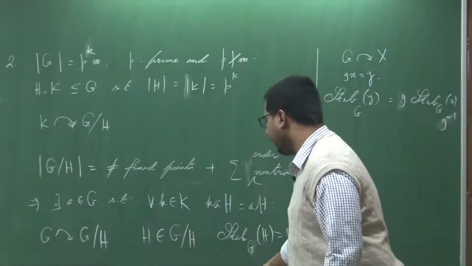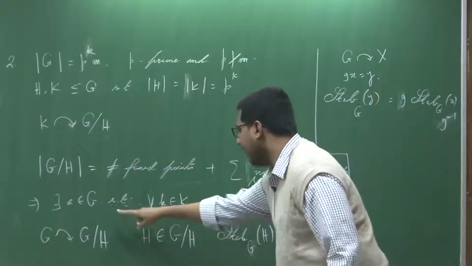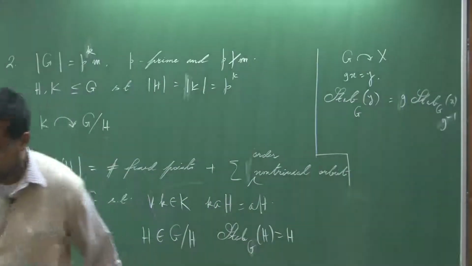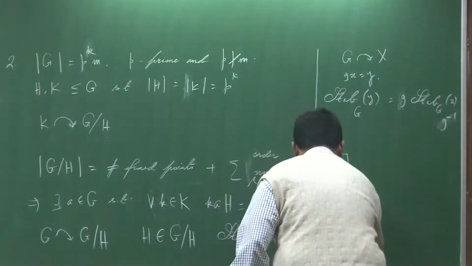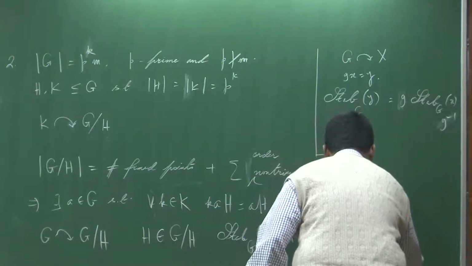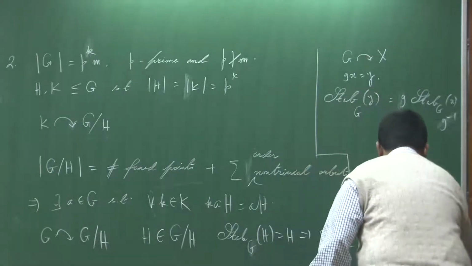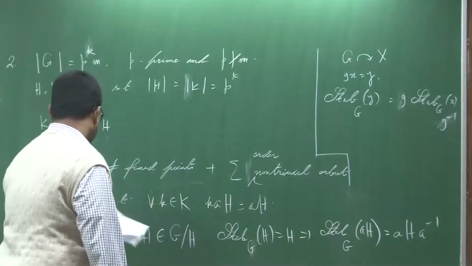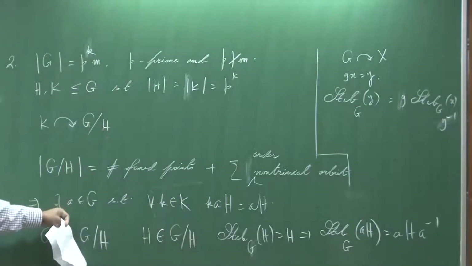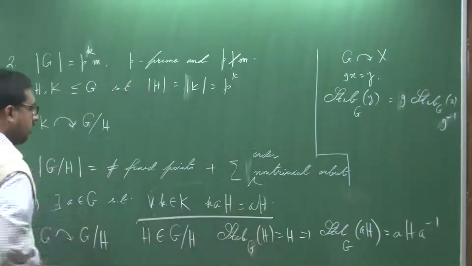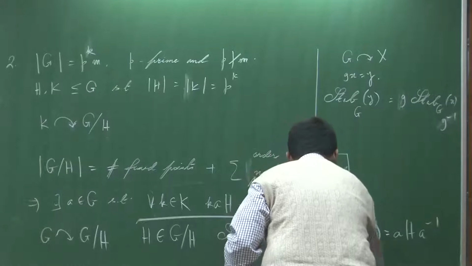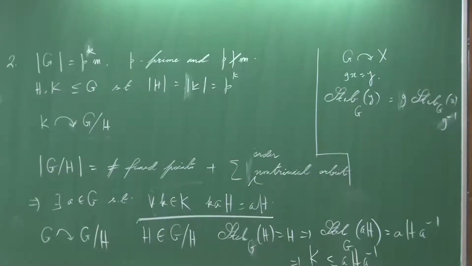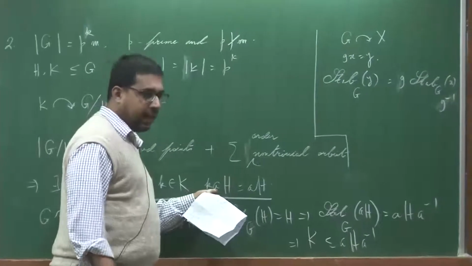Therefore, the stabilizer of aH in G is going to be a conjugate of H. And we have already seen that aH is a fixed point under the action of K. So, this implies that K has to be contained inside aHa inverse, because every element of K stabilizes aH.